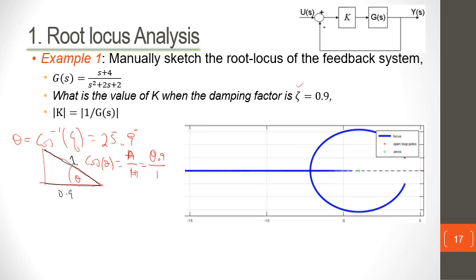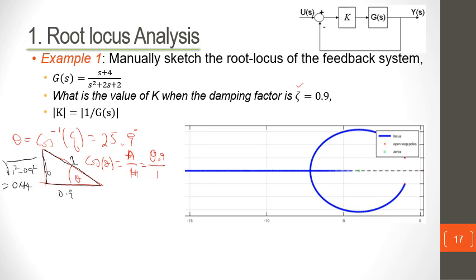And we can try to triangulate what this point should be, so that we can plot it on our root locus. By Pythagoras theorem, this is the square root of 1 squared, hypotenuse squared, minus 0.9 squared. If you calculate this, it should give you around 0.44.